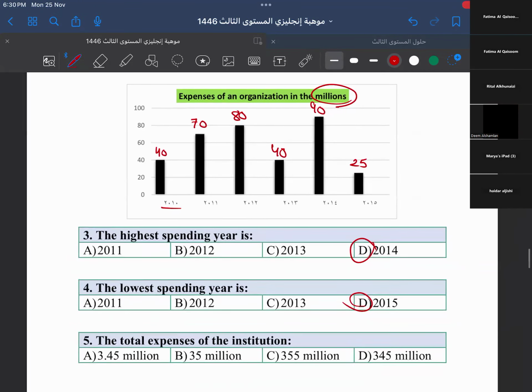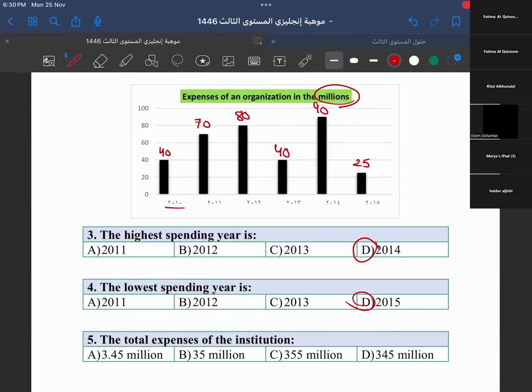Okay, so now that I have all the numbers, all I do is add them together because that's what the question is asking for me. So what's going to be the answer here?